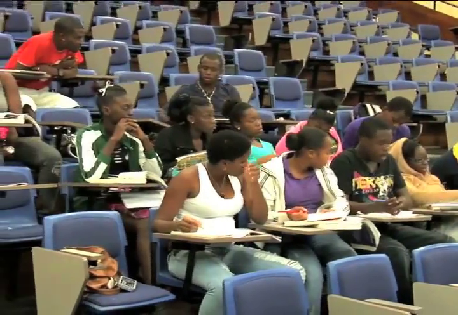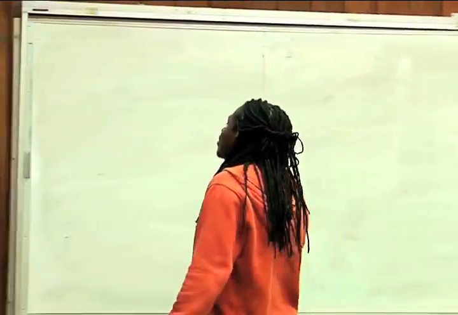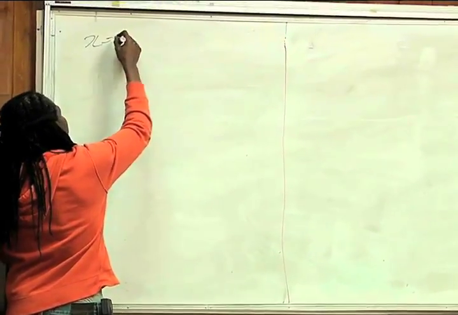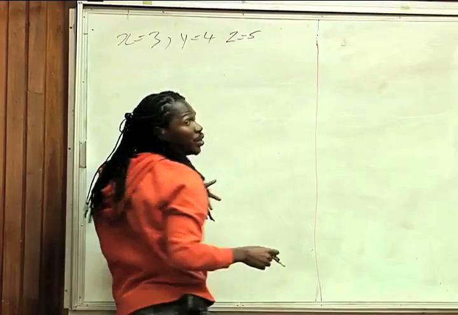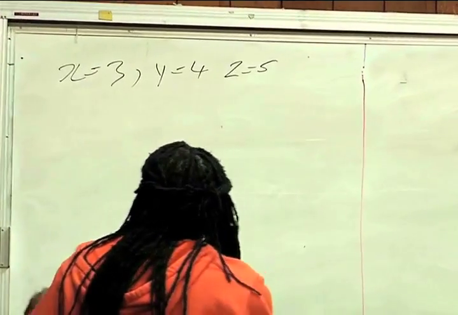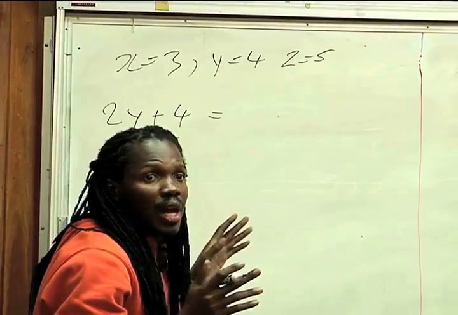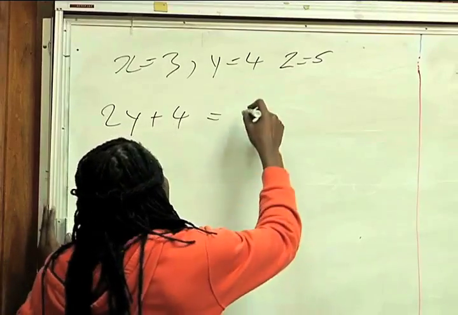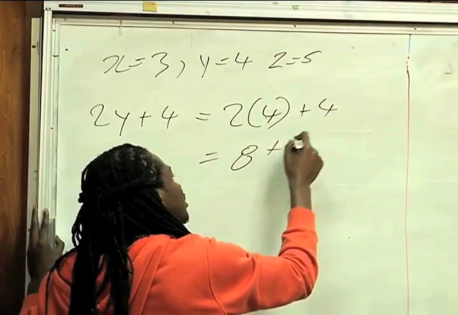You can't do that. Ready. What do we know? x equals 3, y equals 4 and z equals 5. So we know that. It asks you to find the value of 2y plus 4. All you have to do is look at what y is and put it where y is. So it equals 2 bracket 4 plus 4, equal to 8 plus 4 equals 12.